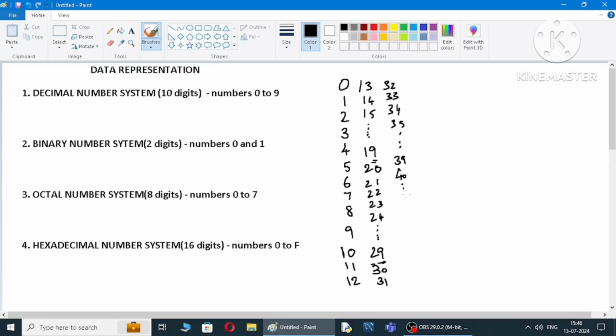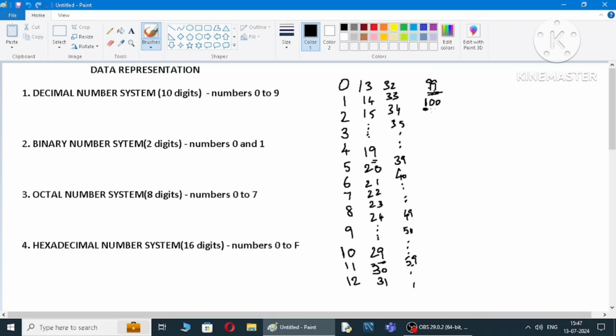Then we proceed from 40 to 49, then 50 to 59. This is how the number system goes, and at one point when we reach 99, we go to the third digit, that is 100, because both the digits have reached the maximum number. So the next number should be the third digit.